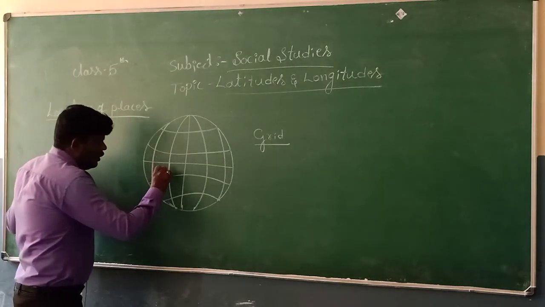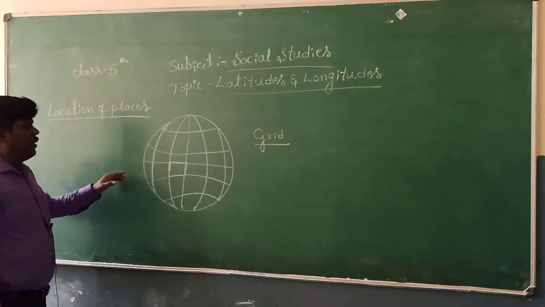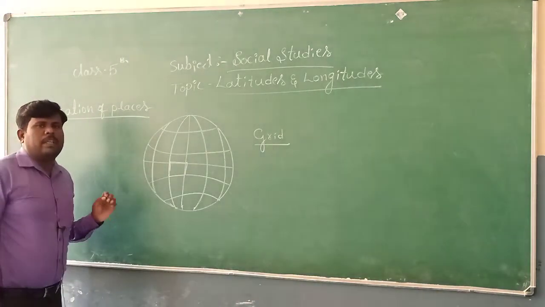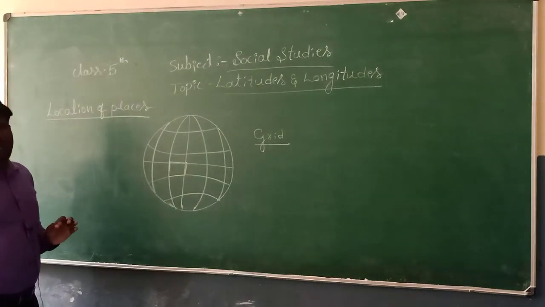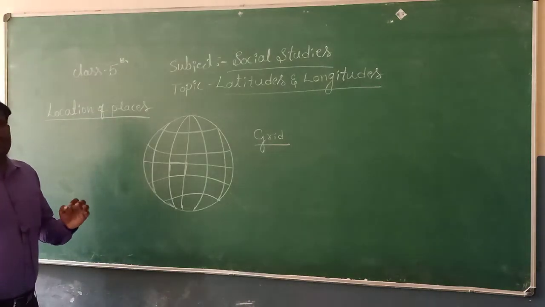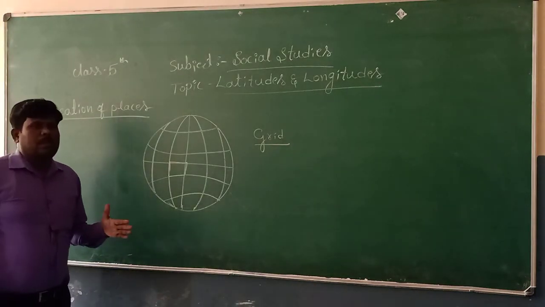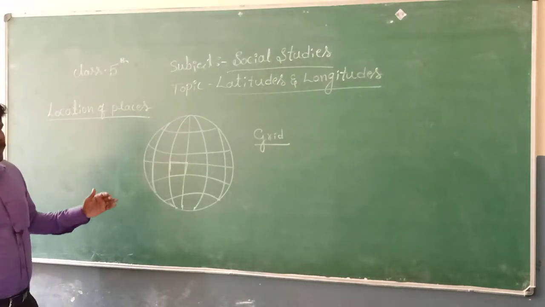See, at right angles, these all intersect each other. This helps a lot to locate a place on the globe and map. There is some difficulty: where is the place located on the globe and map?